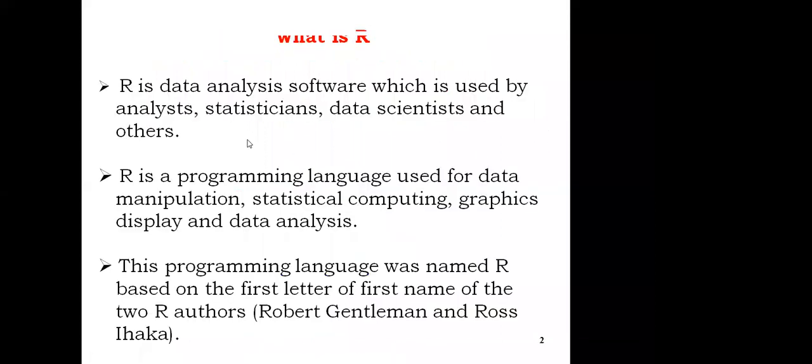Here you see, I'm writing some points on what R is and how we can explain it. R is data analysis software, which is used by analysts, statisticians, data scientists, and others. And this is a programming language which is used for data manipulation, statistical computing, graphics display, and data analysis.